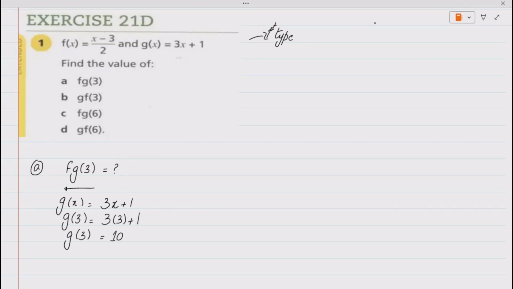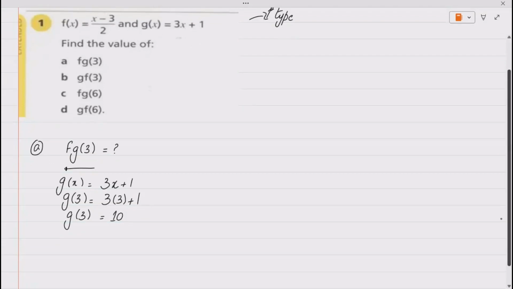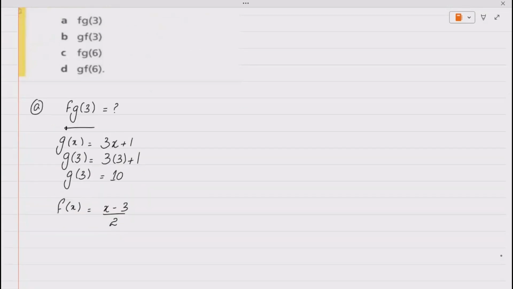Now we have to put this 10 in f. f of x is (x minus 3) over 2, and we have to find f of g of 3. So in place of x, we write g of 3, which we know is 10. So (10 minus 3) over 2 means 7 upon 2, which is 3.5.